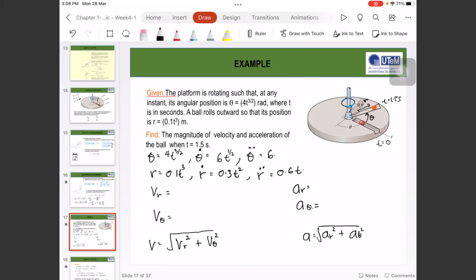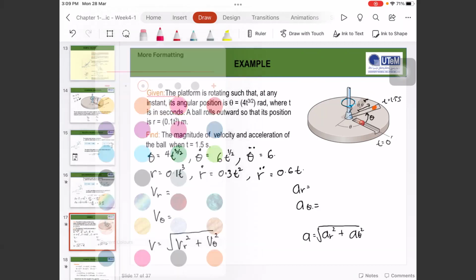Okay. Boleh buat sekejap? Ataupun nak senang, you masukkan dulu nilai dia. Sebab you dah beritahu t is equals to 1.5. Masukkan dulu nilai dia.